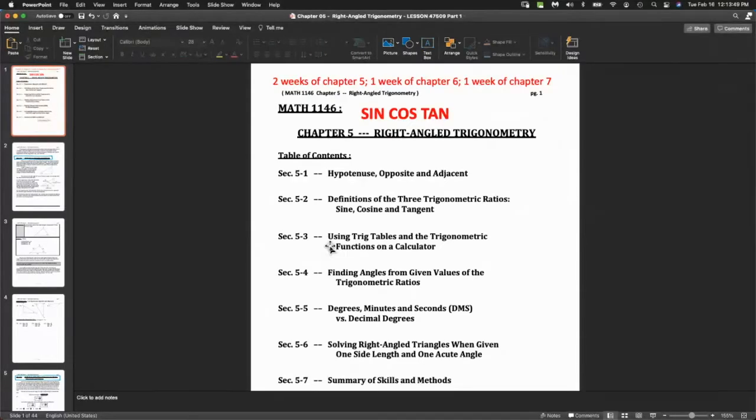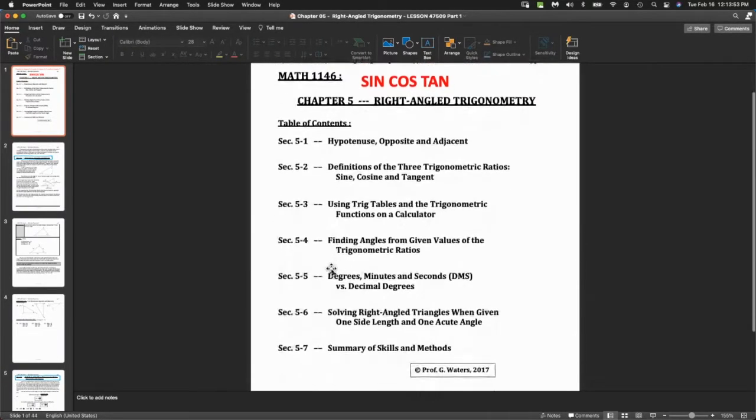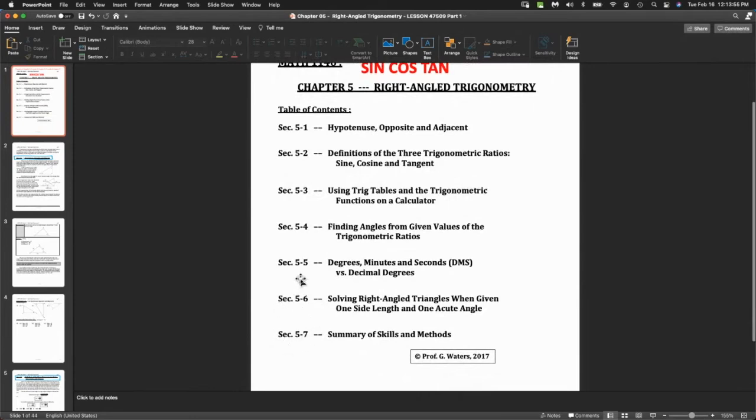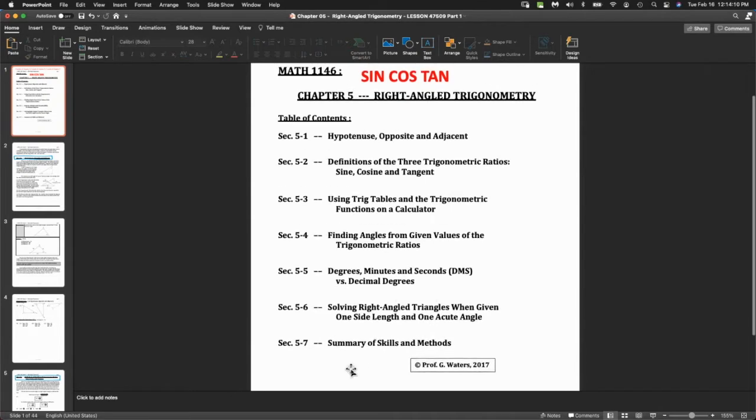Like before people were using calculators, they were using tables. And then next week, we're going to do 5.6 and 5.7. And with whatever remaining time we have next week, I may start chapter 6 a little bit. I might just do a couple of questions from there just to get us started on that.